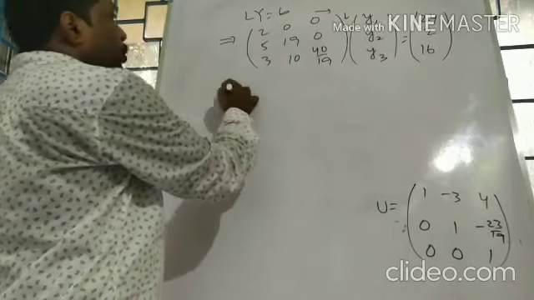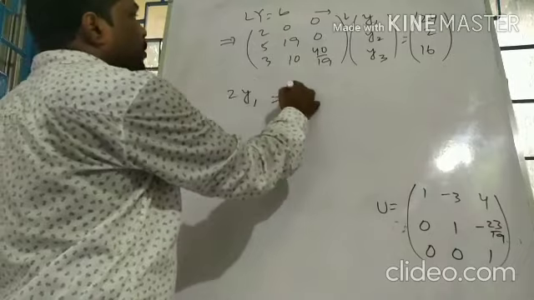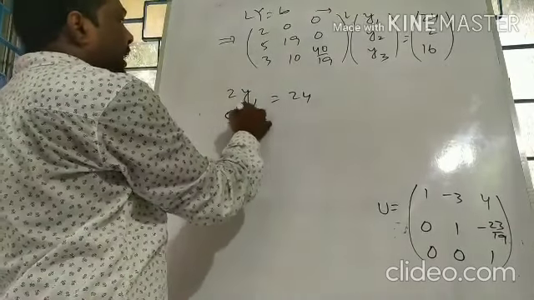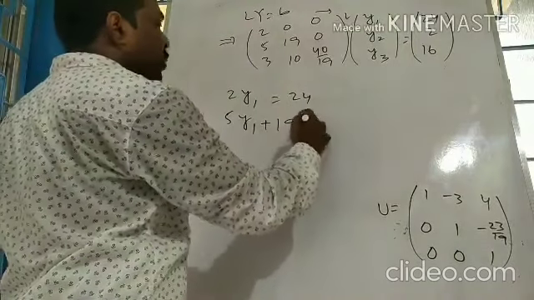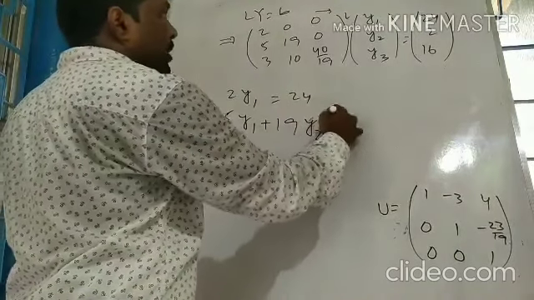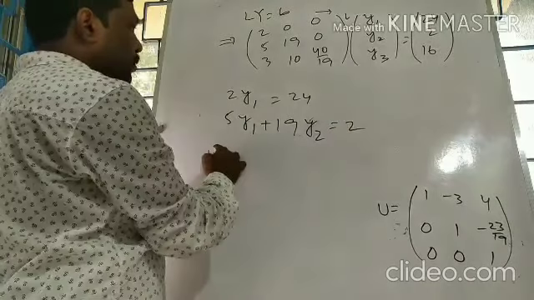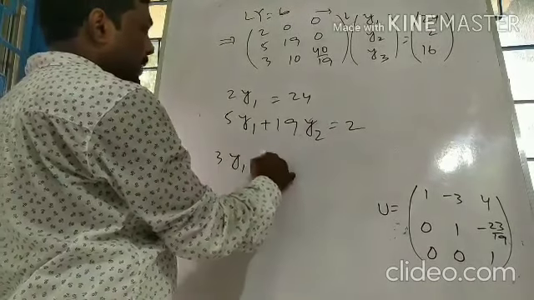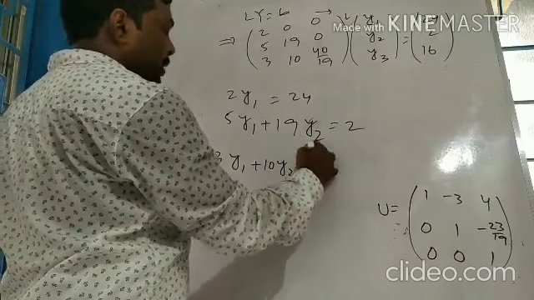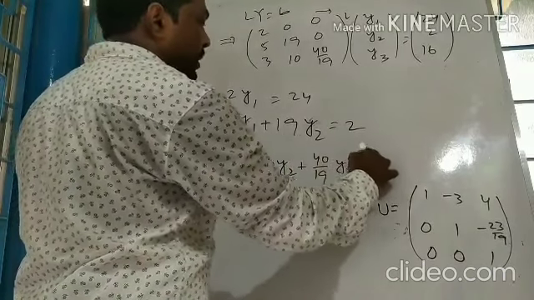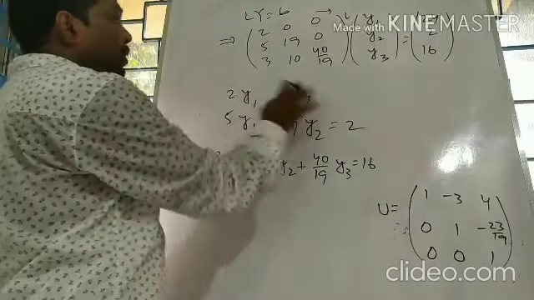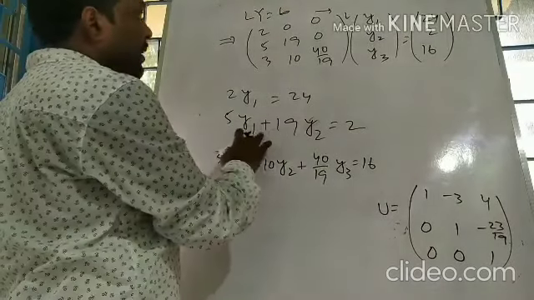So 2y1 equals 24; 5y1 plus 19y2 equals 2; 3y1 plus 10y2 plus 40/19 y3 equals 16.